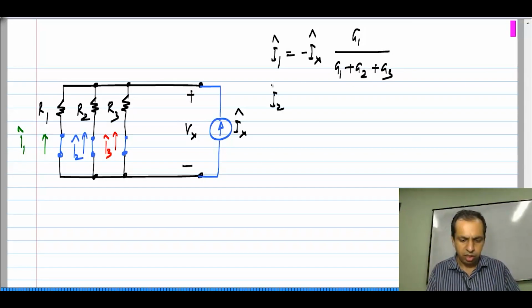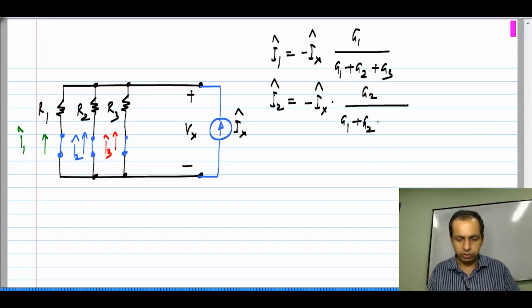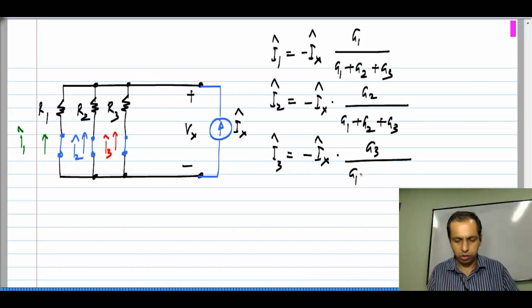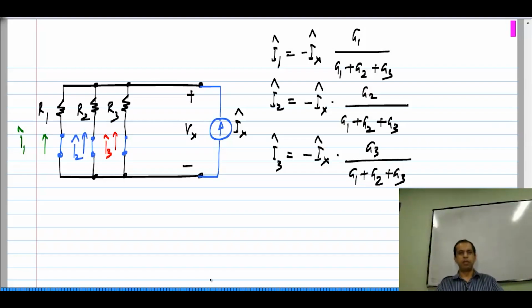Similarly, I 2 hat will be minus I x hat times G 2 by G 1 plus G 2 plus G 3, and finally, I 3 hat would be minus I x hat times G 3 by G 1 plus G 2 plus G 3.